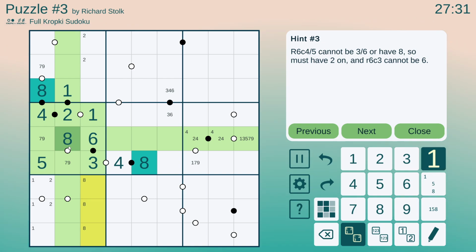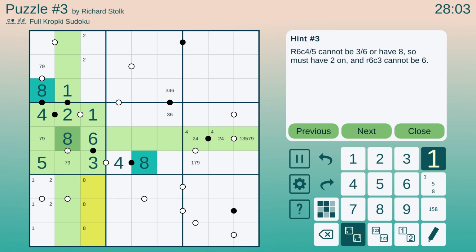What's breaking here? Oh man, that's abstract, because this 8 can't have a 7 or a 9 there.